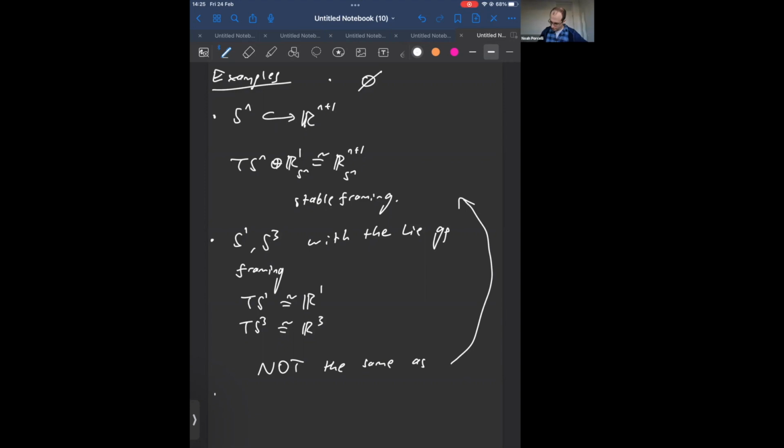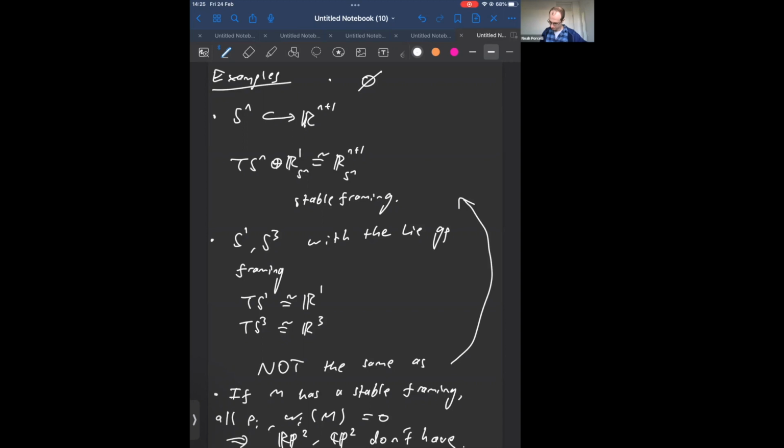And maybe in terms of non-existence, if M has a stable framing, lots of its characteristic classes vanish. So all Pontryagin classes and Stiefel-Whitney classes of M are 0. So in particular, RP^2 and CP^2 don't have stable framings. So most manifolds don't in general.